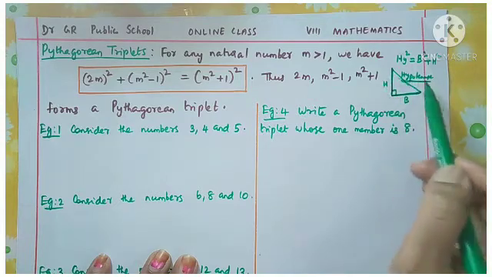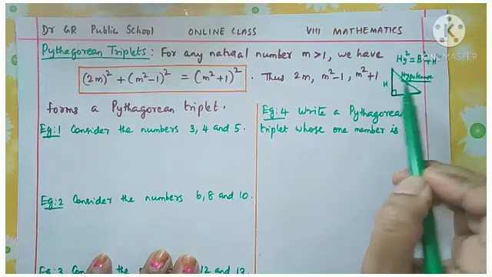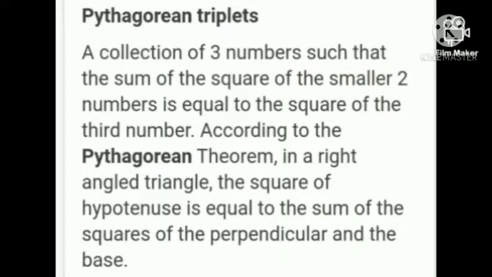In the same way, in Pythagorean triplets three numbers are there, and the biggest number square will be equal to the sum of the squares of the other two numbers. So they are called Pythagorean triplets.